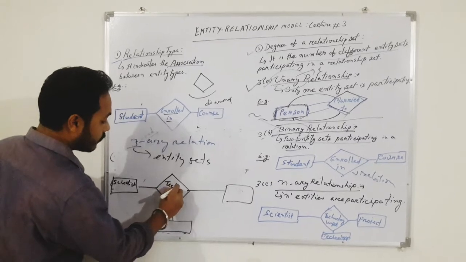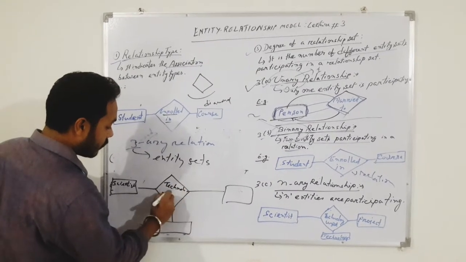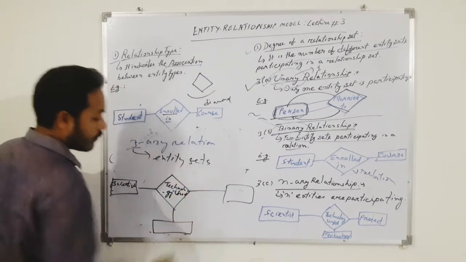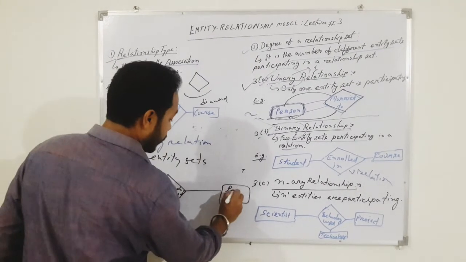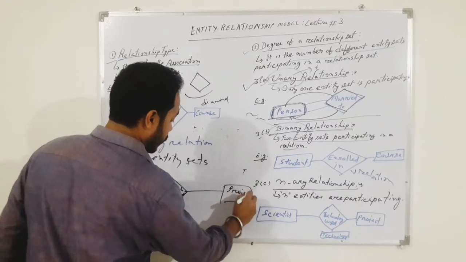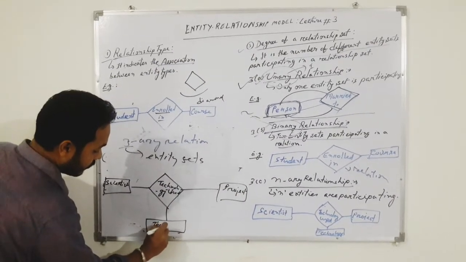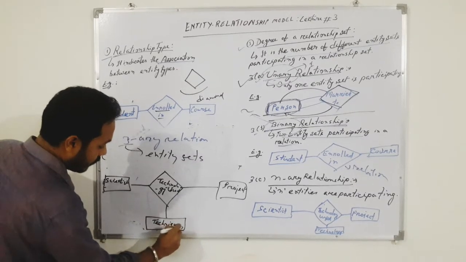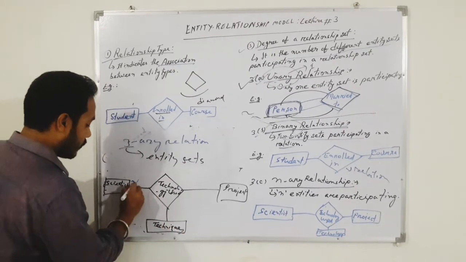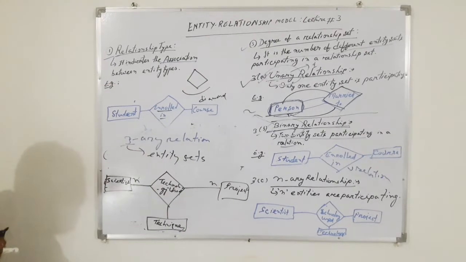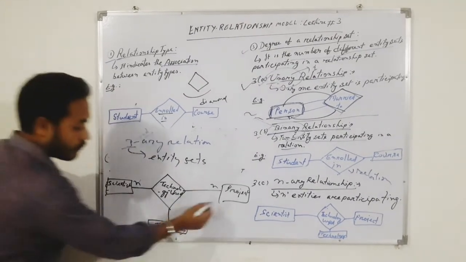So if I think about one example, say scientist, the relationship is technology use, say project, say techniques. Now very carefully look at this diagram.